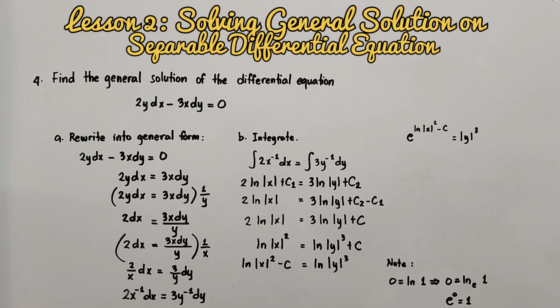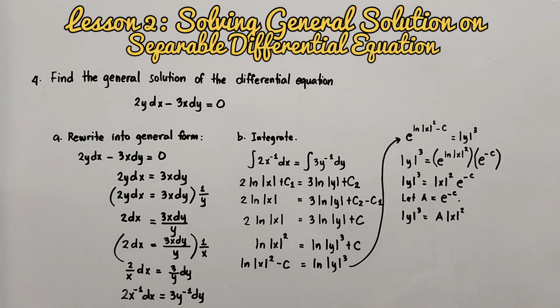And we will use the Euler number e as our base, and that 1 represents the absolute value of y cubed. Therefore, from this form, we have e power ln absolute value of x squared minus c equals absolute value of y cubed. We interchange the placement of our expression.